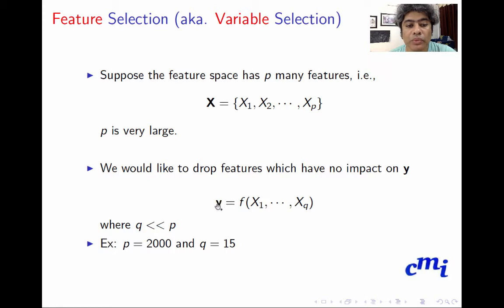So we want to develop a model y as a function of x1, x2, ..., xq, where q is way less than p. Suppose you have 2000 features, but you want to build a model with only 15 important features which have an impact on y, and you don't want to use the other features, which are basically white noise.